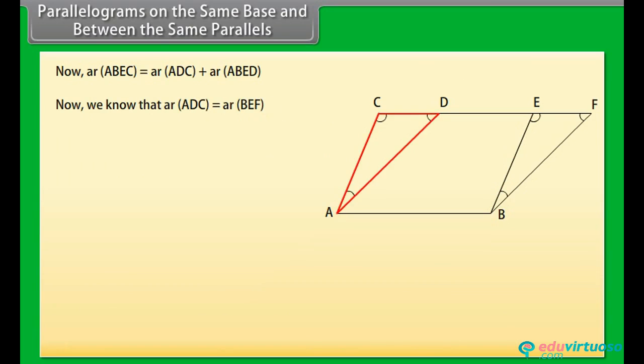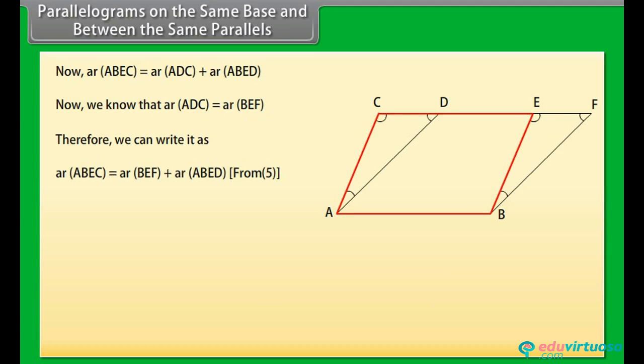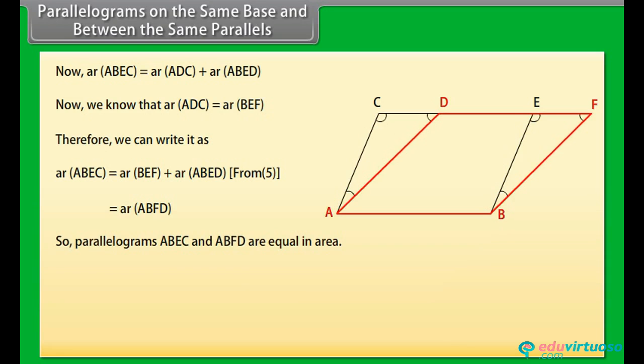Now we know that area of ADC is equal to area of BEF, therefore we can write area ABEC is equal to area BEF plus area ABED from 5, which is equal to area ABFD. So, parallelograms ABEC and ABFD are equal in area.